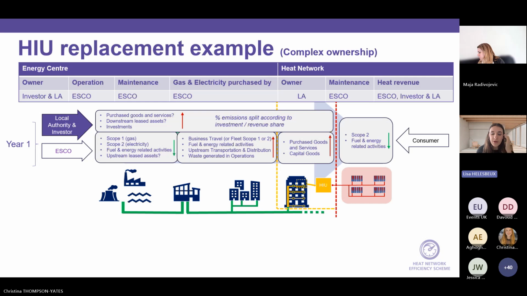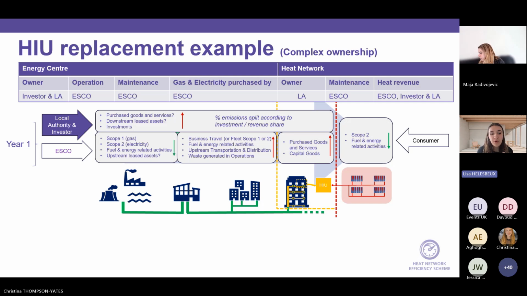Okay, so to analyze the different categories of emissions, we can start with the local authority and the investor as the joint venture. So if they use the equity share approach, they will split the emissions according to their respective investment and revenue shares, as we discussed earlier.